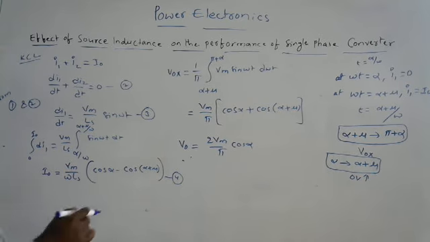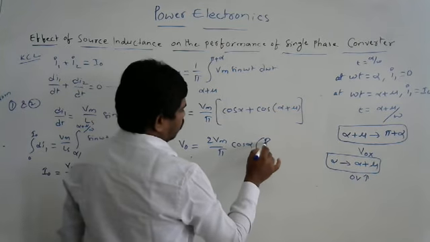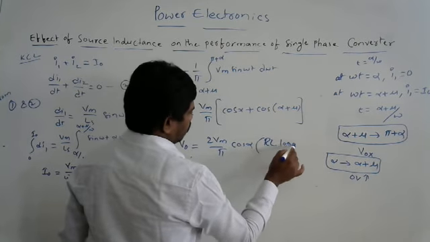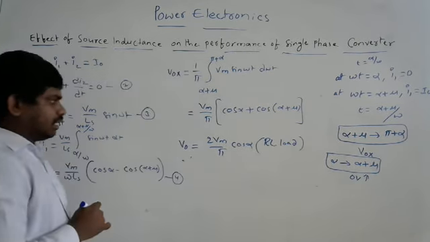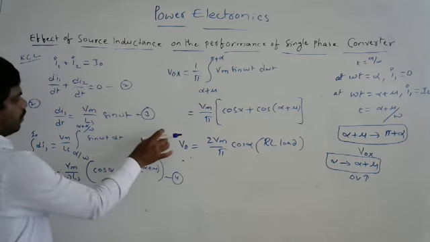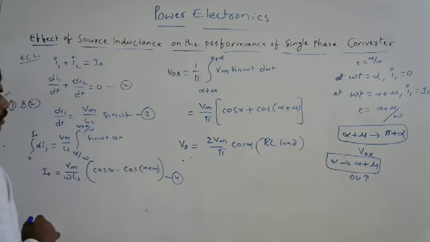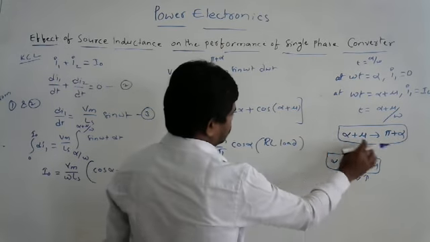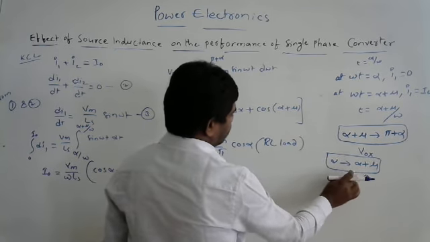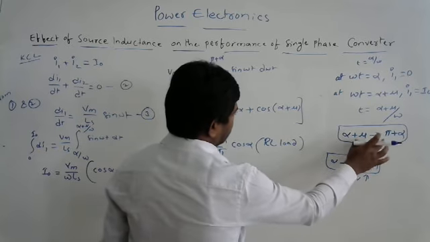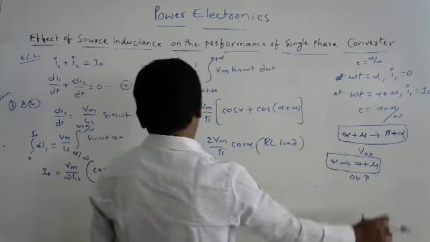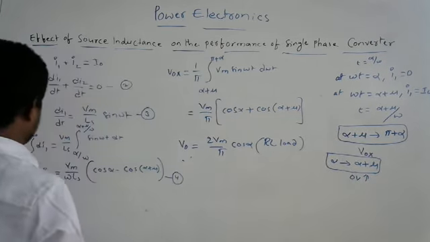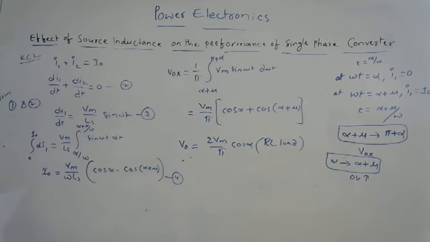This is for the RL load alone without source inductance. I am just repeating this equation. Due to this, during this time we are not at all getting the output voltage. We are getting output voltage for this duration only. So we need to go for one more calculation for this V naught x.